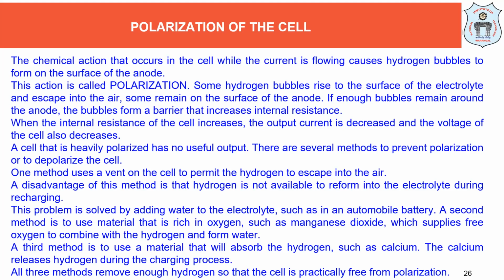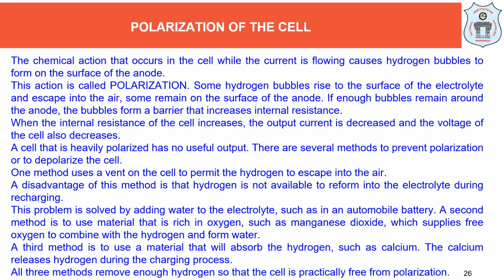When enough bubbles remain on the anode, it is like a resistance, right? It will not allow the reaction to take place, because the active sites are supposed to be freely available for the reactant to get adsorbed and the reaction to happen. But when hydrogen bubbles form and stick onto the surface, it increases the internal resistance.